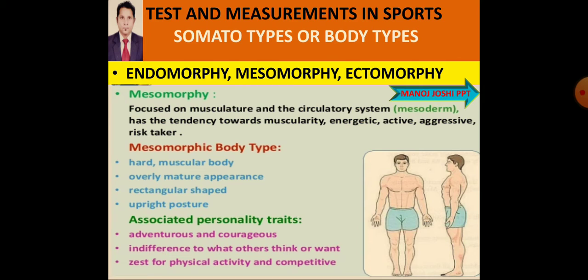Mesomorphy is focused on musculature and circulatory system. As with endomorphy, where the people were focused on the digestive system, in mesomorphy the people are focused on musculature and circulatory system. Mesoderm has the tendency towards muscularity, energetic, active, aggressive, and risk taker.